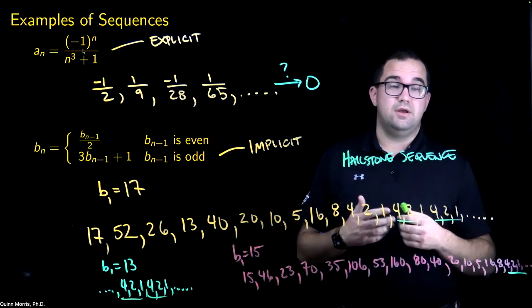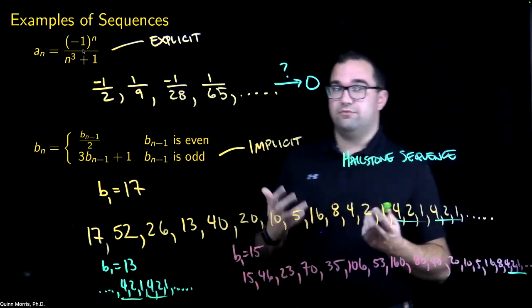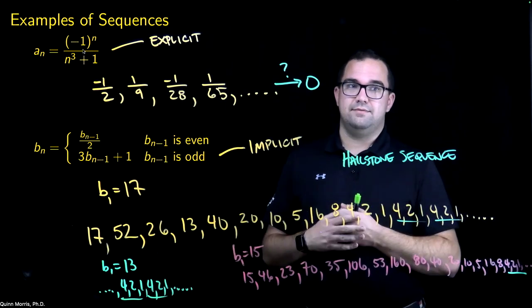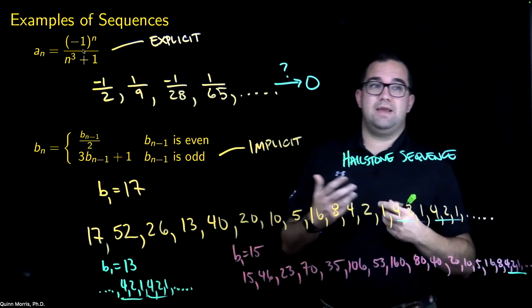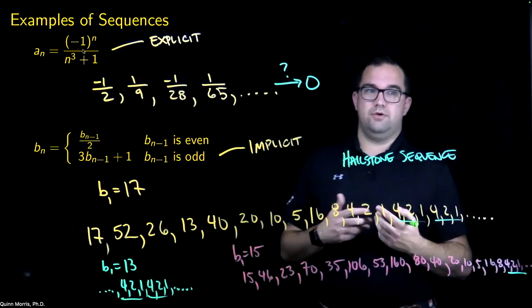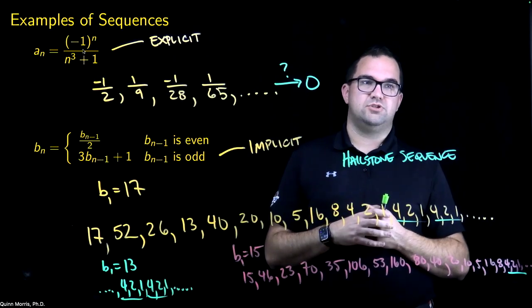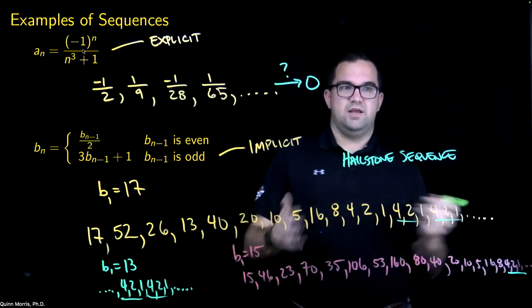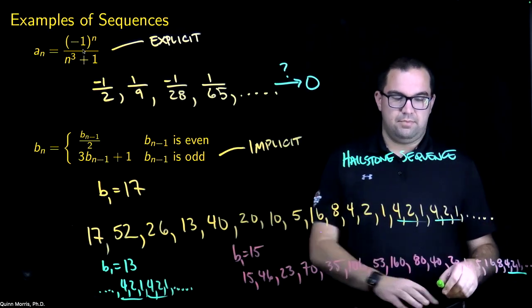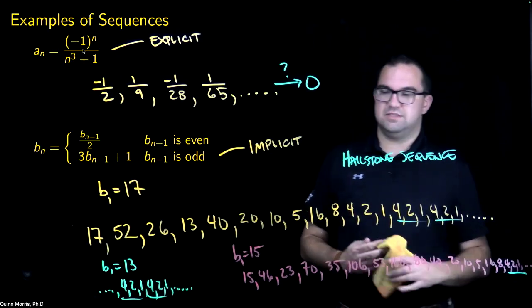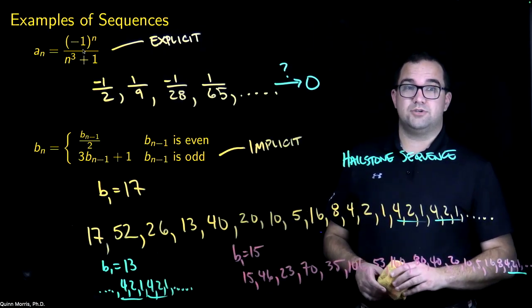Maybe there's some very, very large number, 10 to the 10 to the 10, for which if you start at that value, it doesn't end in this cycle. We just haven't tested it yet. But for every value we've ever tested, it ends in the cycle. It's believed to end in the cycle, but it is an open conjecture.